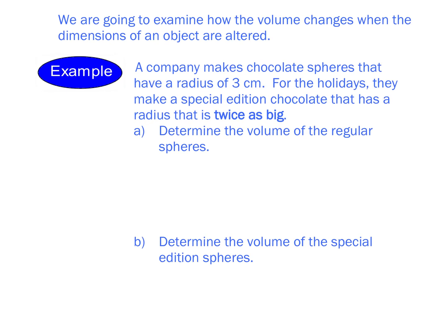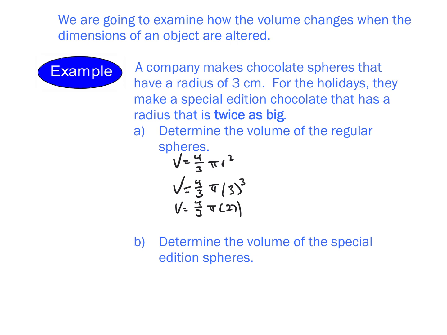So the formula for the volume of a sphere is 4/3 pi r cubed. So 4/3 pi times 3 cubed. 4/3 times pi times 27.